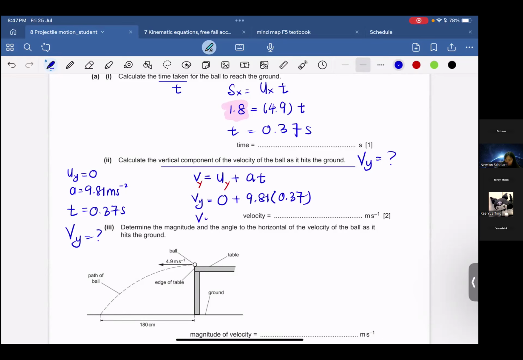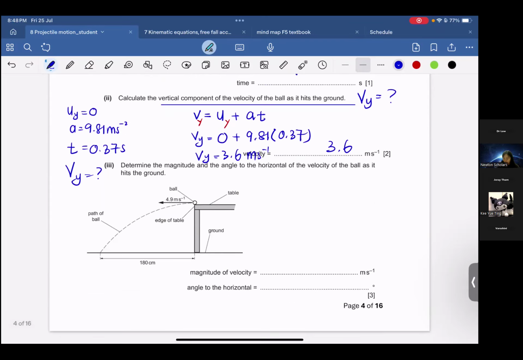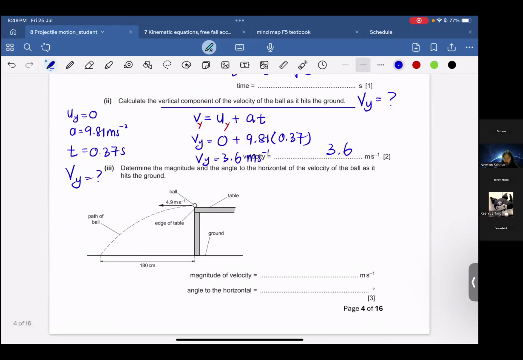So your Vy should be 3.6. For the vertical, there are a lot of formulas that can be used. But for the horizontal, in the end it is only one formula: sx equals ux times t. Okay, next. Any question?